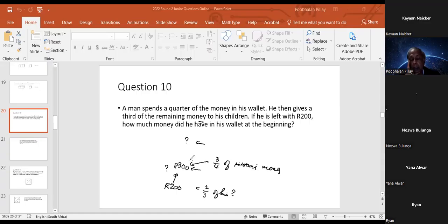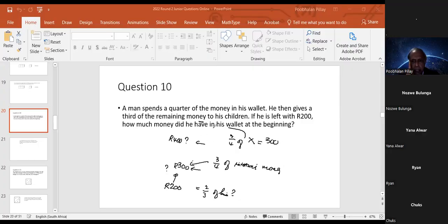So if 300 represents 3/4 of the initial money, then you can see even mentally, you would have had to have had 400. So this is 3/4. Otherwise, a quarter of 400 is 100. You take it away, you get 300. The other way of doing it is 3/4 of x equals 300.